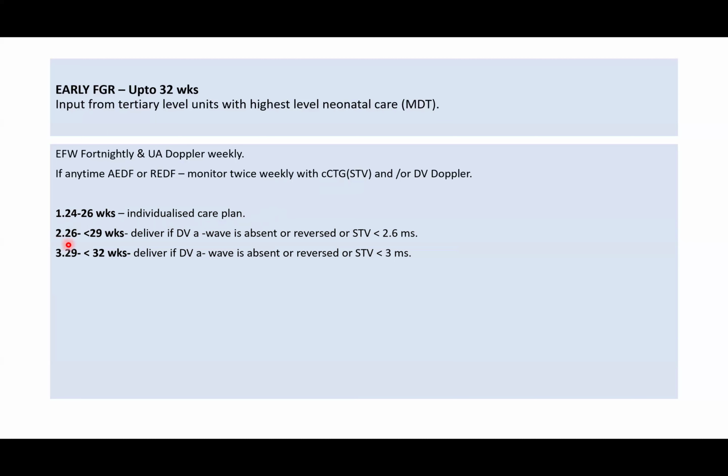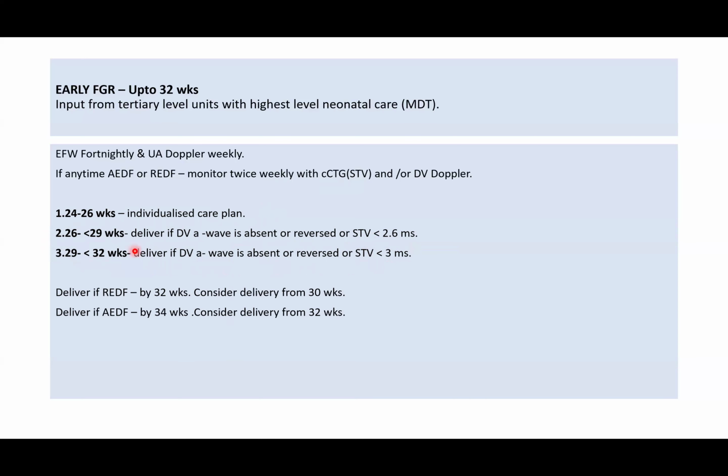Then if the gestation age is between 26 to less than 29 weeks, we have to deliver if ductus venous A wave is absent or reversed, or the STV in the computerized CTG is less than 2.6 millisecond. If gestation age is between 29 to less than 32 weeks, we have to deliver if ductus venous A wave is absent or reversed, or STV is less than 3 millisecond.